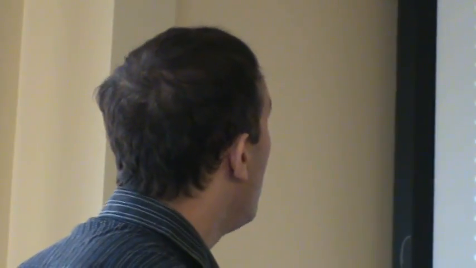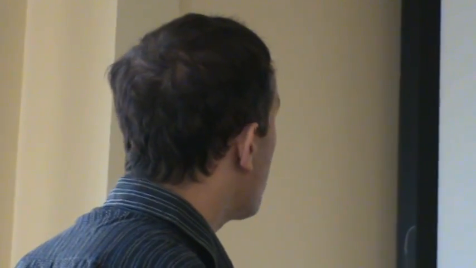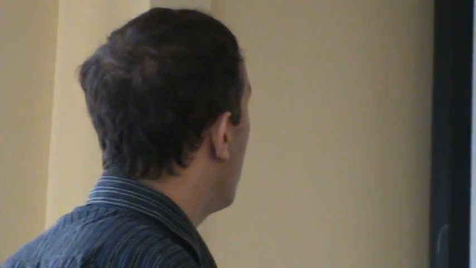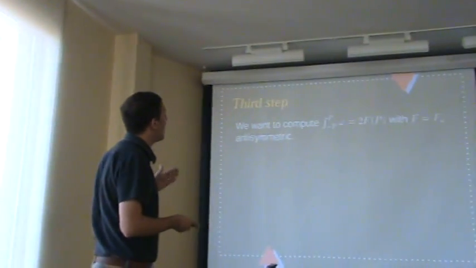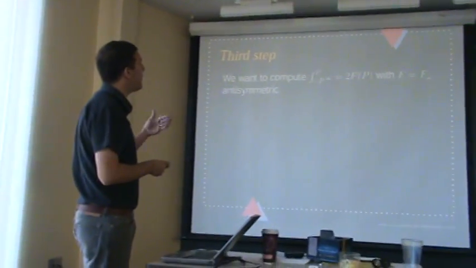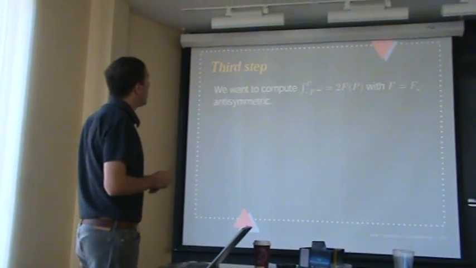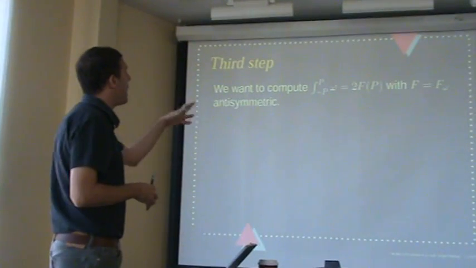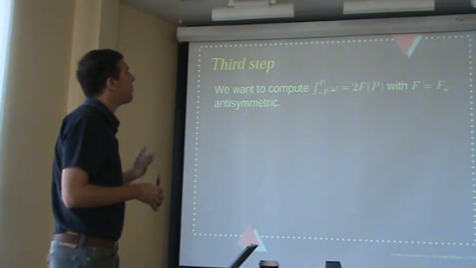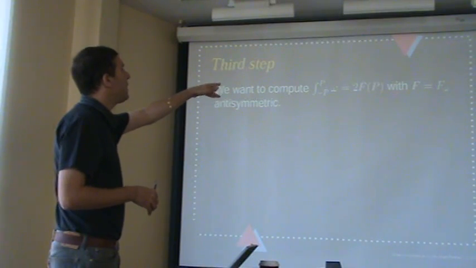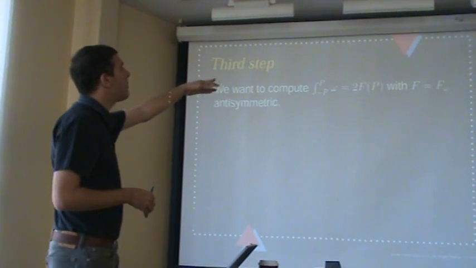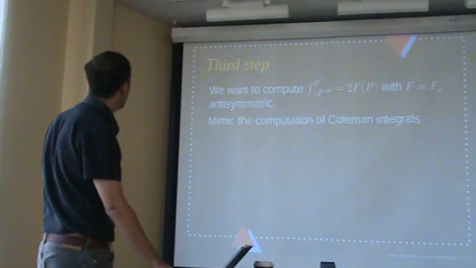So what I want to do then, as I said, is work on an antisymmetric divisor, and I can just split it into points. So I'm just going to consider the case of how to compute the integral between minus p and p of omega. Now I can choose my f omega to be antisymmetric itself. That means that if f is the integral of omega, the integral is just 2 times f of p. That's all I have to do.